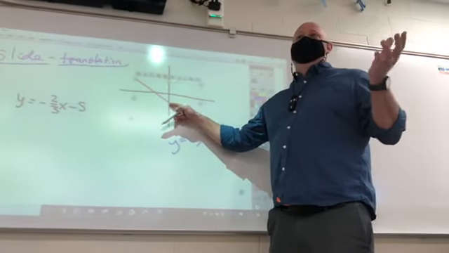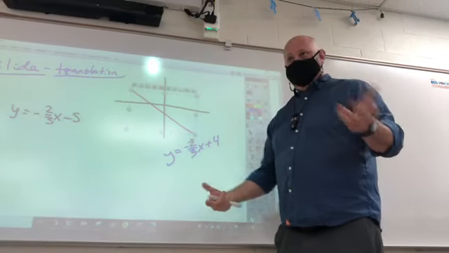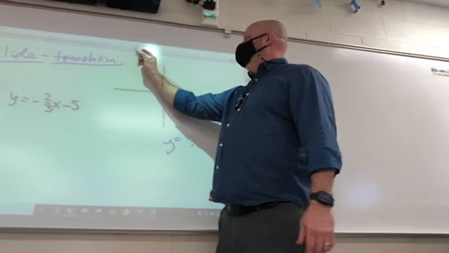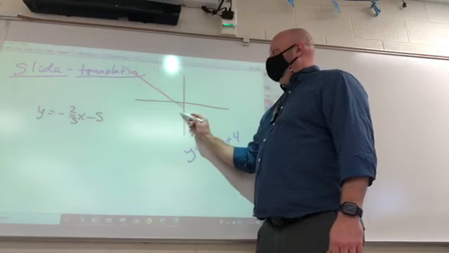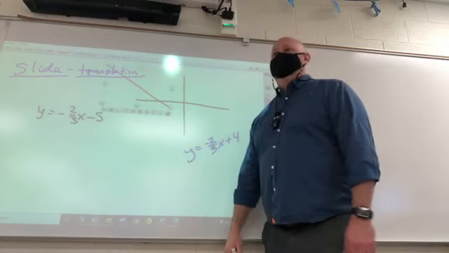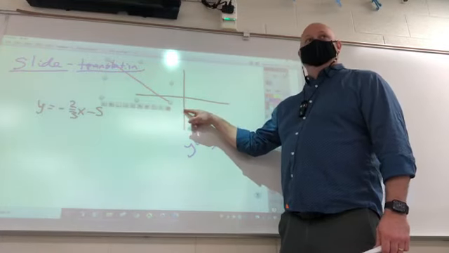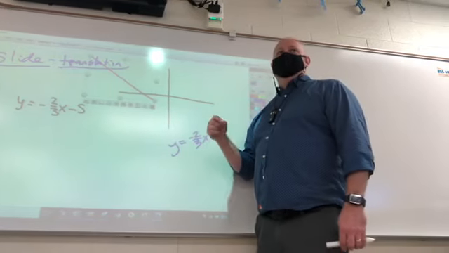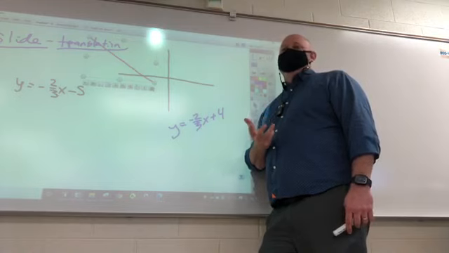If I go down, my y-intercept goes down, makes it smaller, right? What if I moved it left? What's the only thing that really changed? Wouldn't the y-intercept also just... So a down movement with a line and a left movement of a line ends up doing the same thing.